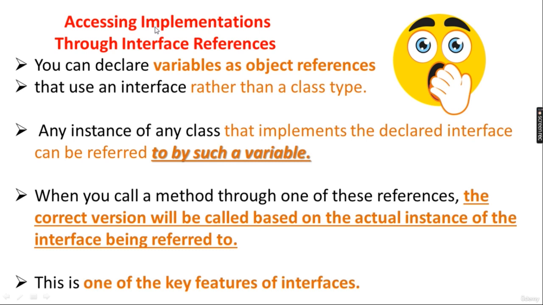This is one of the key features of interfaces. So how will it be called? When you call a method through one of these references, you can create as many reference variables as you need. The correct version will be called based upon the actual instance of the interface being referred to.